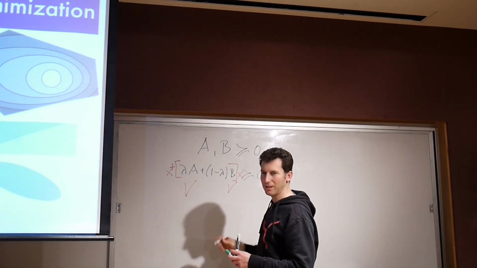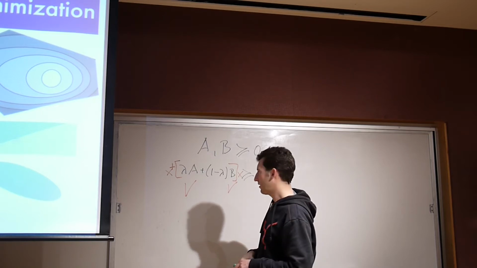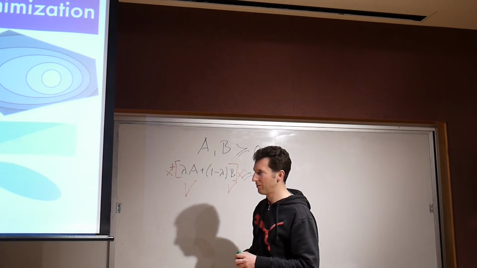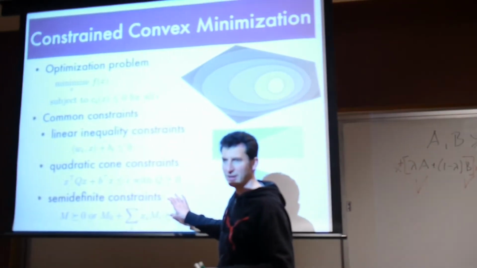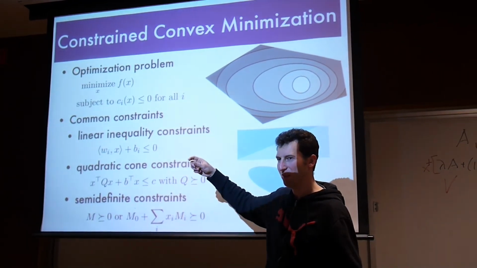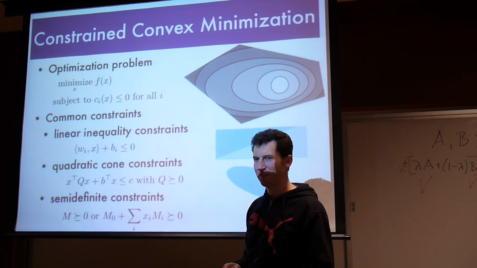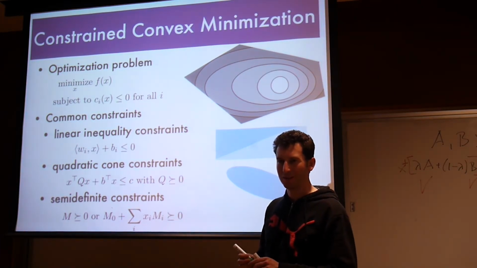And so since I'm taking a linear combination, I'm safe. And so you can show that this actually defines a nice cone. It's a cone because if I take any element from that set and scale it up, it's still in the set. So that's a nice property in addition to just convexity.